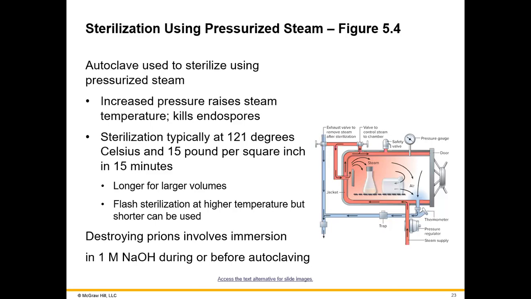And the pressure is up to 15 pounds per square inch. The minimum exposure time that we use in the labs is 15 minutes at those conditions. So typically the full cycle from the start to the end is about 25 minutes.